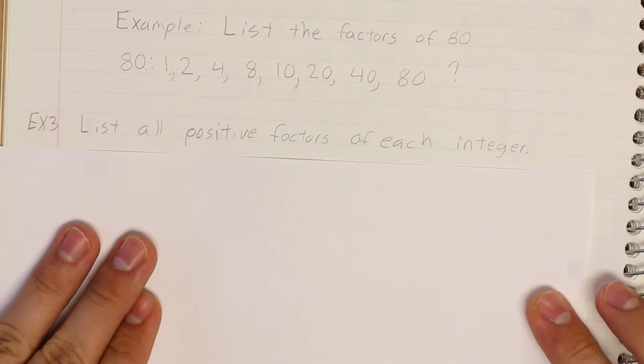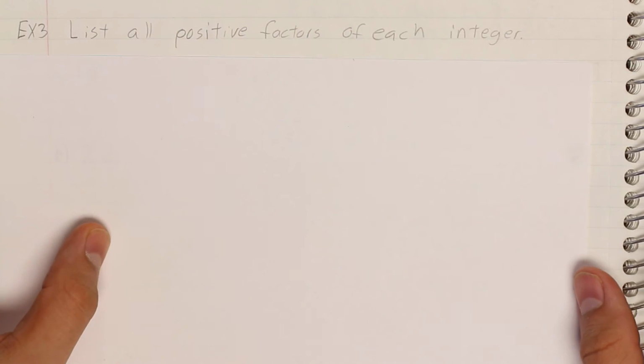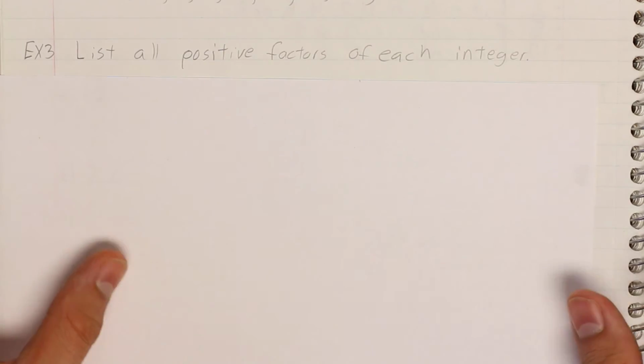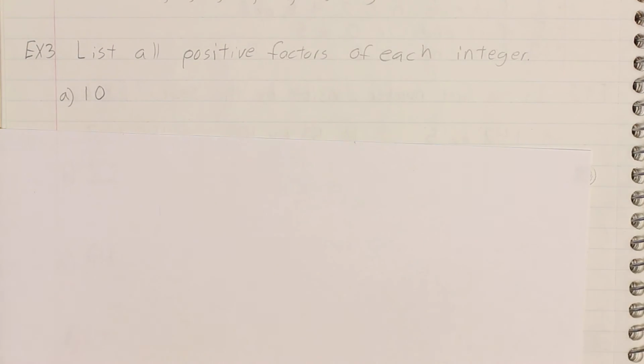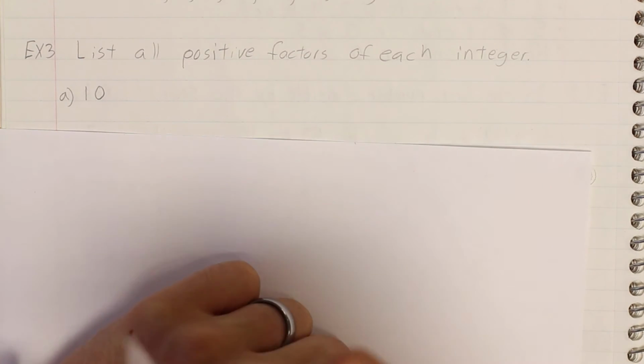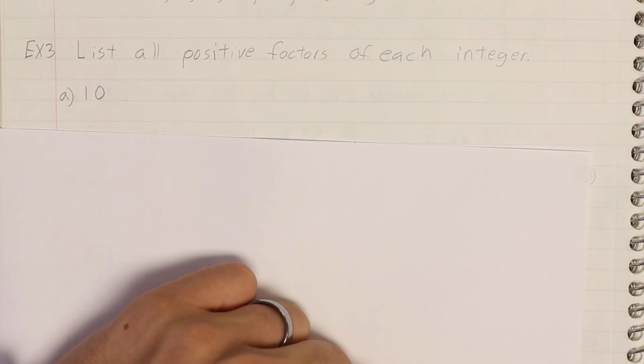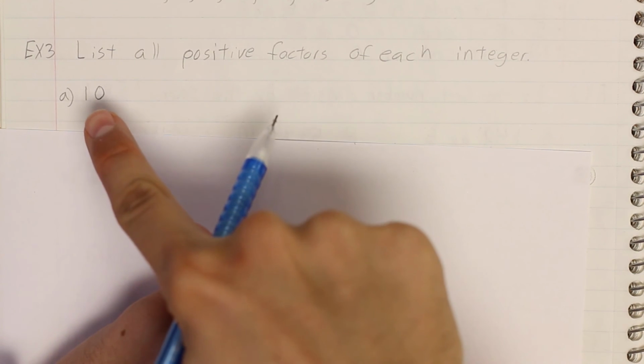All right, next, we have an example. List all positive factors of each integer. So if we have something like 10, we're told to list all the positive factors of this. So one way I like to do it is I like to pair up the multiples together. What I mean by that is I pair up the numbers that when they're multiplied together equal 10.